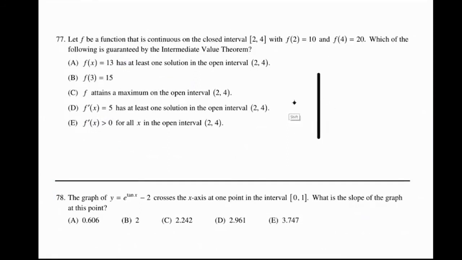When in doubt, I would just graph it out. So f of 2, let's just say this is 2, is 10. f of 4 is 20. And you're basically just trying to figure out which one of these. So there's one here and one here, and it's continuous. Doesn't matter how you draw it, really.